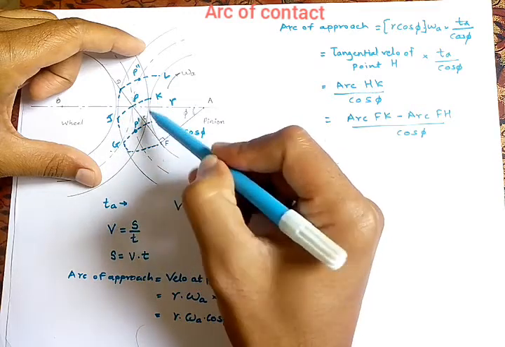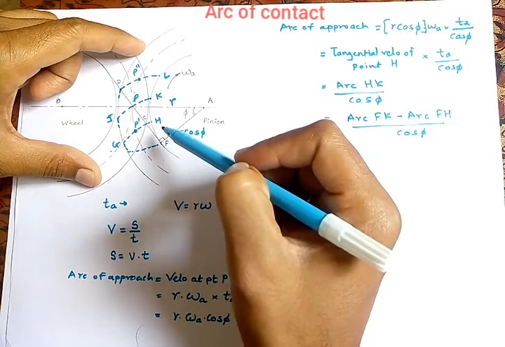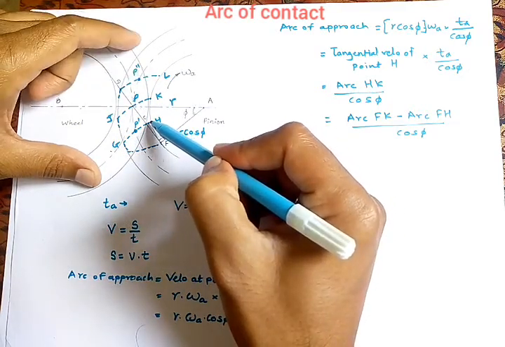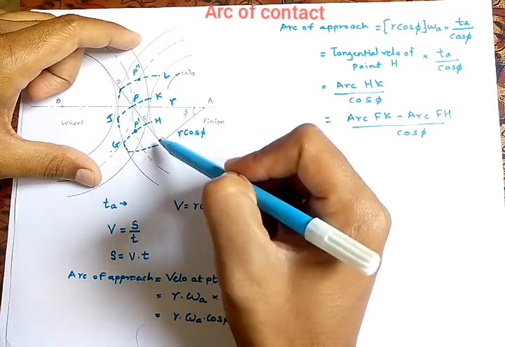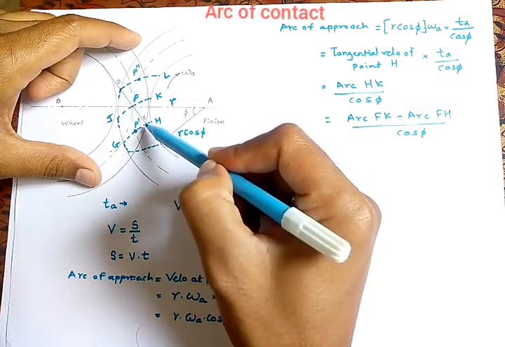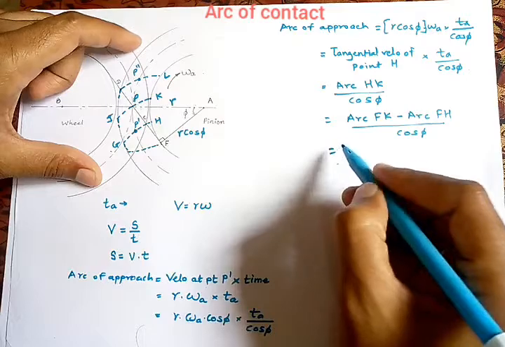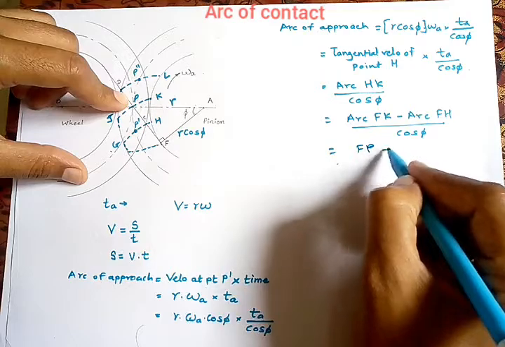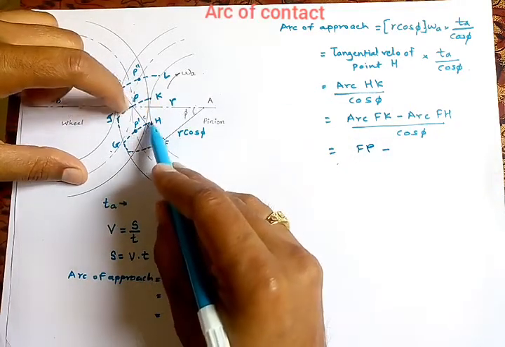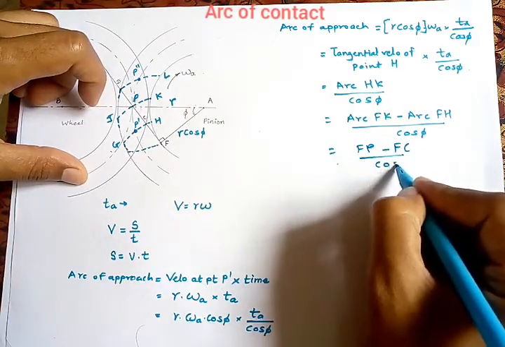So arc FK distance will be the same as that of FP. If I unwind the cord from H, the cord will get a straight position FC. So FC and distance FH will be the same. So arc FK is nothing but the distance FP, and arc FH is nothing but the distance FC, divided by cos phi.